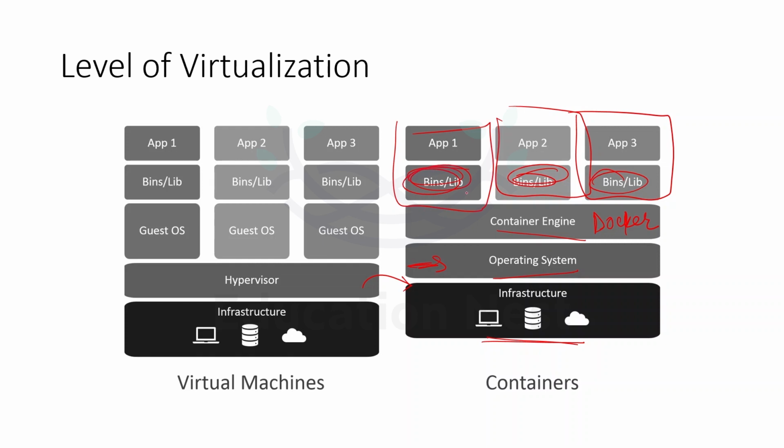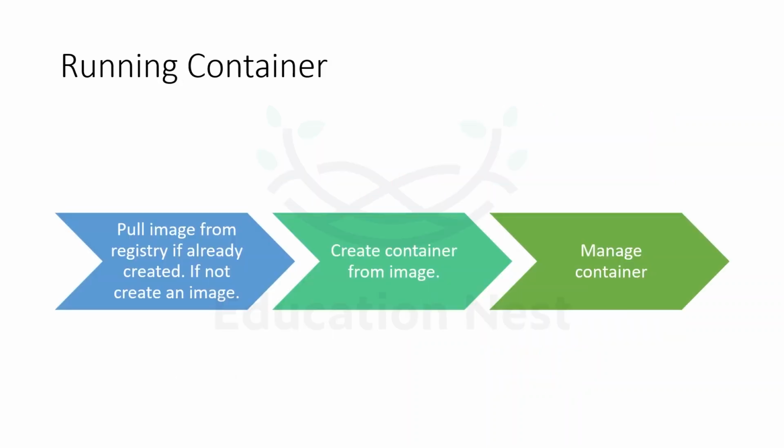So that's about the level of virtualization. Remember this: virtual machines are hardware level virtualization, whereas containers are operating system virtualization. If we want to run a container, what do we have to do? We understood that containers are built from container images, right?